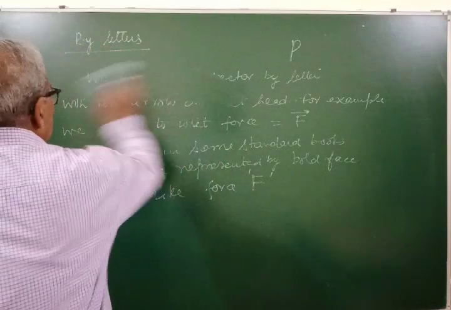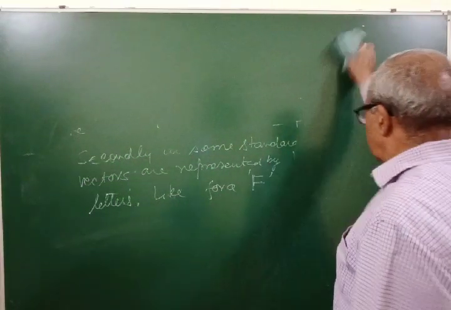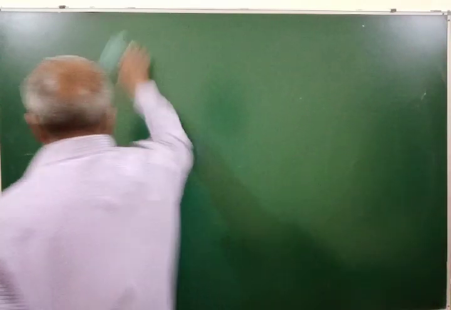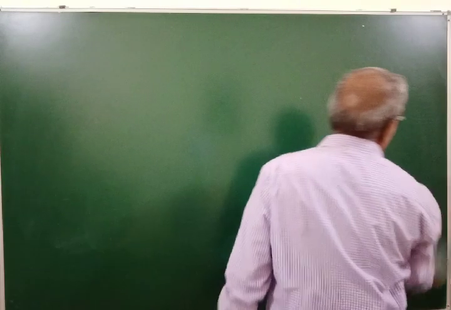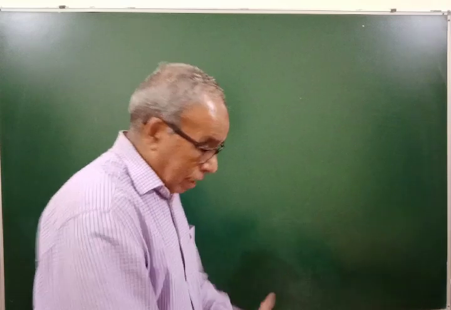It takes time to explain. So vectors are those which have magnitude and direction, or simply, the physical quantity which needs the magnitude and direction for complete understanding.